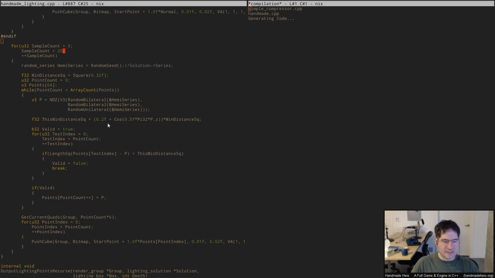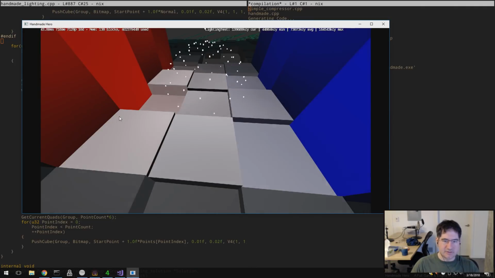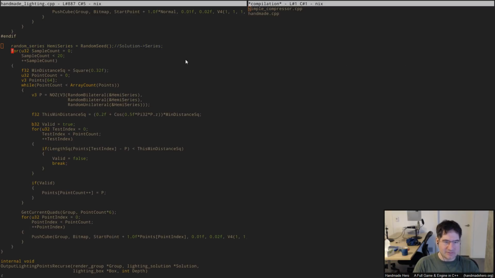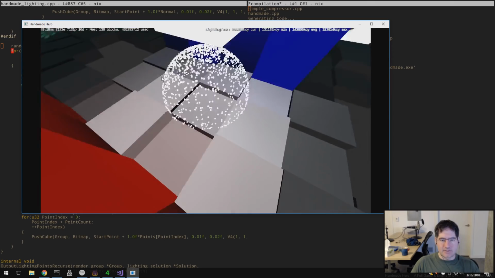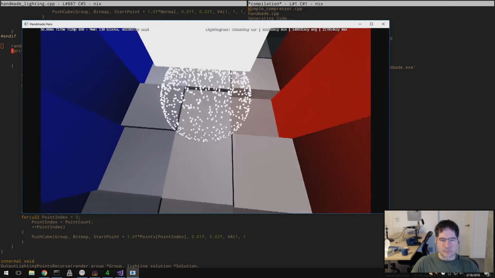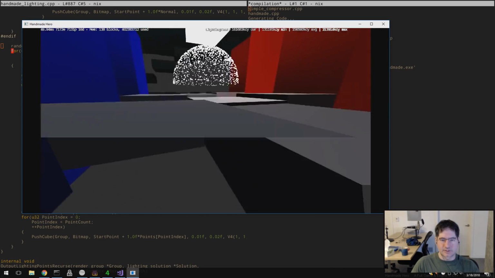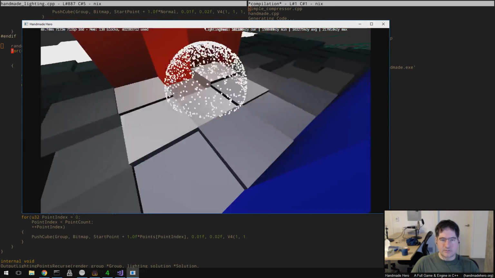To do this 20 times so that we'll actually see how ergodic it is, basically. So in here, I'm going to go ahead and initialize that hemi-series on the outside of this. So now this will wiggle around, right? And that's what our coverage would look like over some number of frames. So there we go.